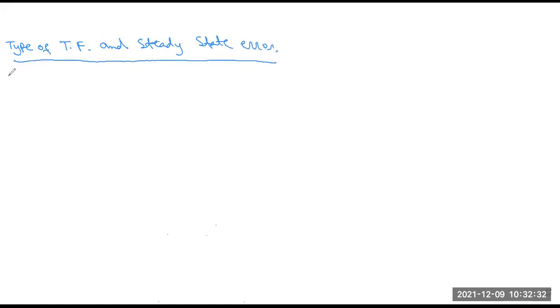So the topic is type of transfer function, TF meaning transfer function, and steady state error. In the previous class we covered the type 0 system.